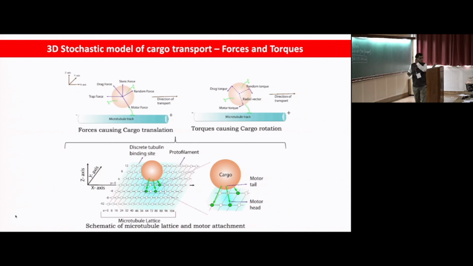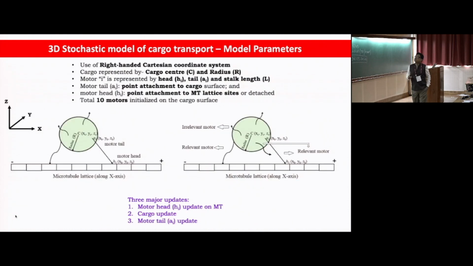What I would like to add is that when you have a cargo which is being driven by forces, these forces can cause cargo translation, and they can also cause cargo rotation. In the simulations, you have to update the motor head position and the cargo position, and then, since motor tails reside on the cargo surface, you also have to update the motor tail positions.